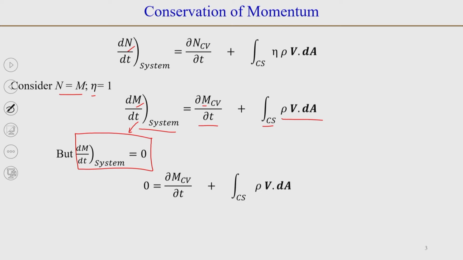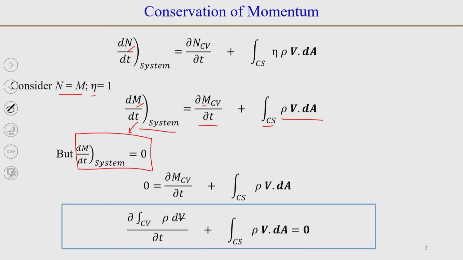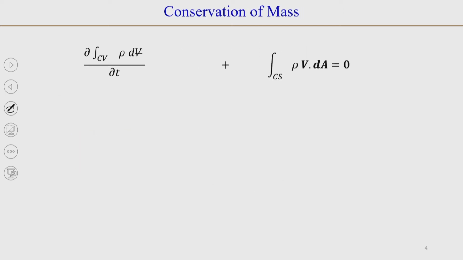So, that is the mass conservation equation, which simply states this. This is del by del t of m in the control volume, written in terms of rho and V. So, if rho is varying in the control volume, then we can put an integral: del by del t integral over the control volume of rho integrated over V.